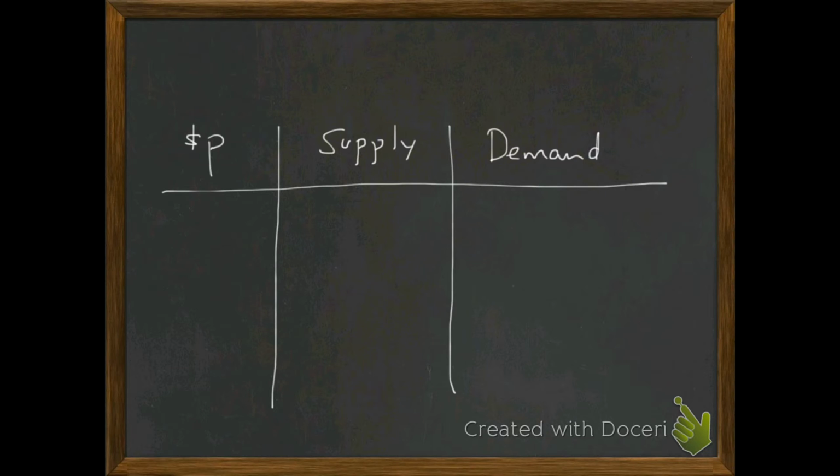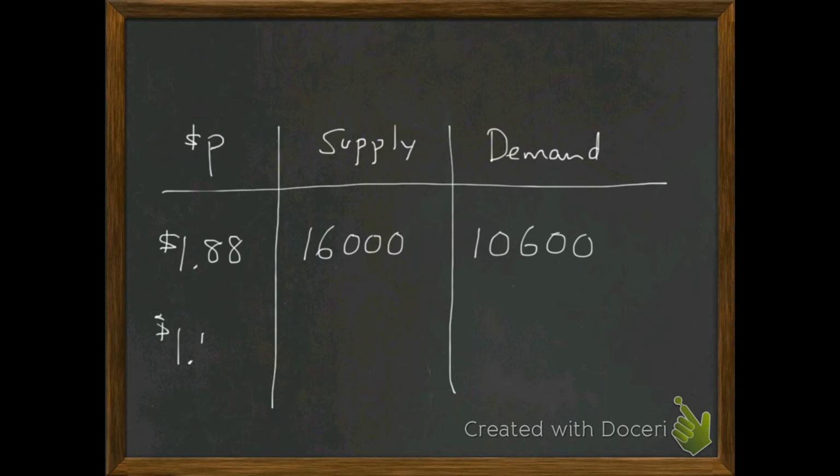The handout says at a price of $1.88, the supply for cherries is 16,000 and the demand is 10,600. When the price drops to $1.46, the supply decreases to 10,000.